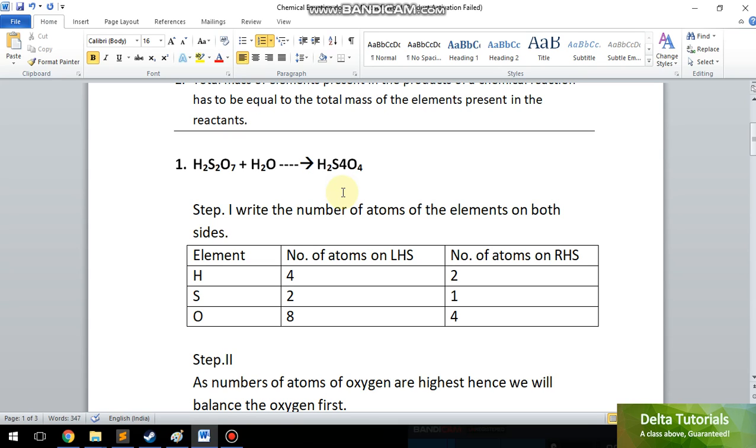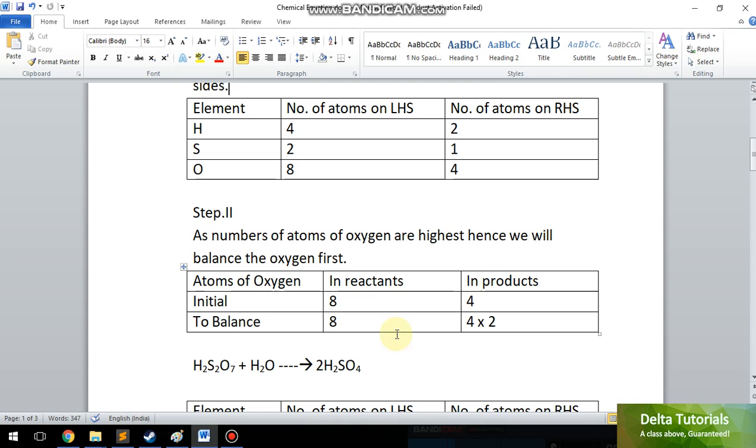We are not allowed to disturb the formula of any compound. So what we will do is we will add a prefix to the formula of this H2SO4. We will simply write 2 over here, then it will be 2 H2SO4. Already 4 atoms of oxygen are there, multiplied by 2, so they will become 8 and oxygen will be balanced.